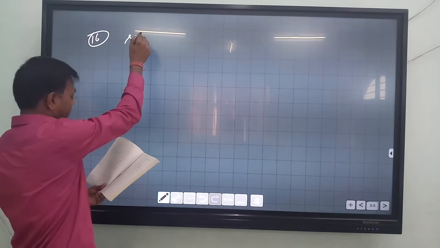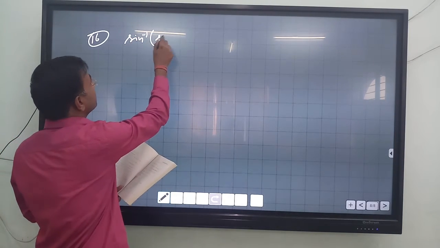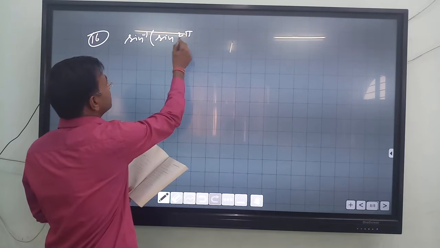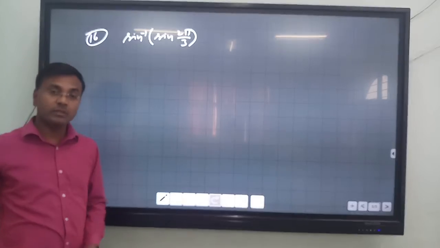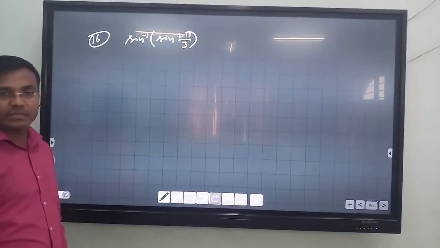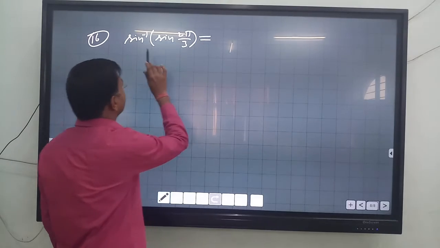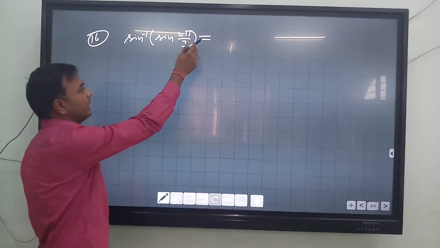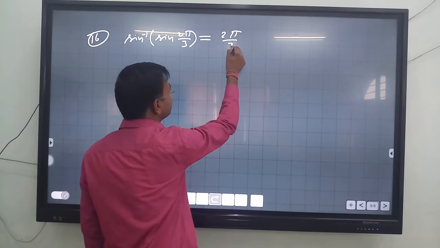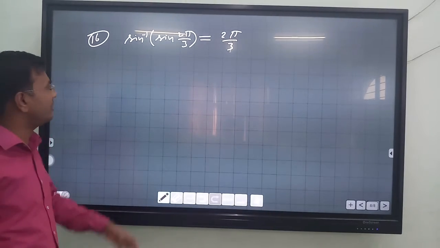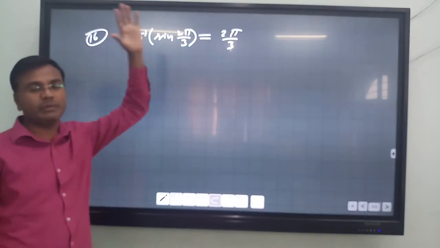Now the next, 16th, sin inverse of sin 2 pi by 3. Generally, the students write this answer directly, sin inverse sin x equals x, that is 2 pi by 3. Most of the students generally, looking at the problem, sin inverse sin by property, the angle will come, so 2 pi by 3.